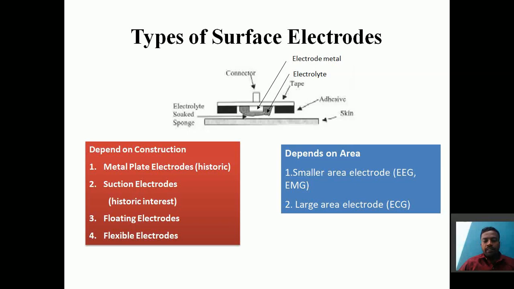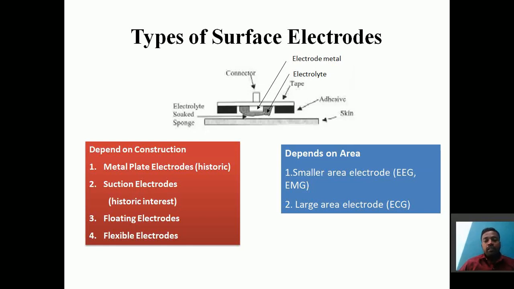Depending on area, it is divided into two types: smaller area electrode and large area electrode. Smaller area electrodes are used to measure EEG and EMG. Large area electrodes are used to measure ECG. The metal plate electrode is a somewhat large area electrode, mainly used for ECG.